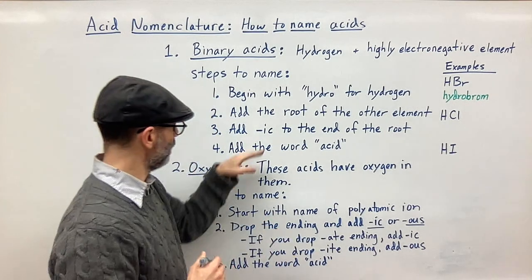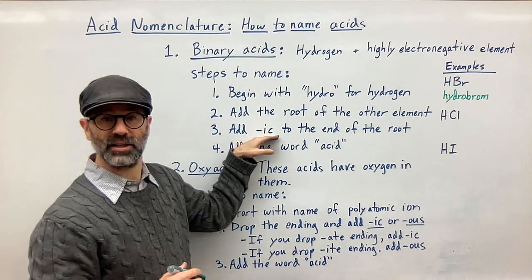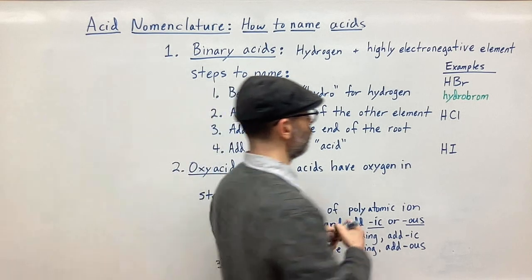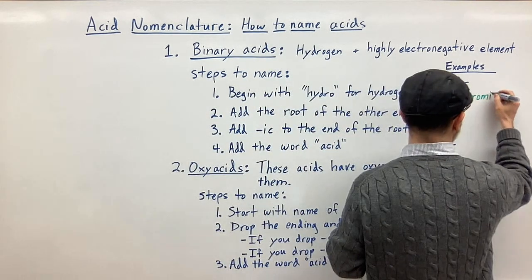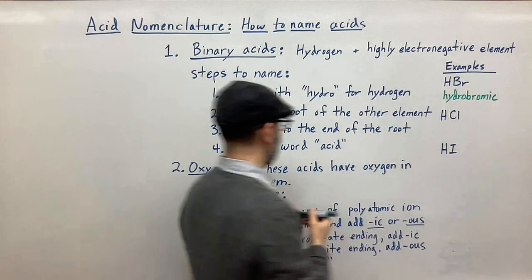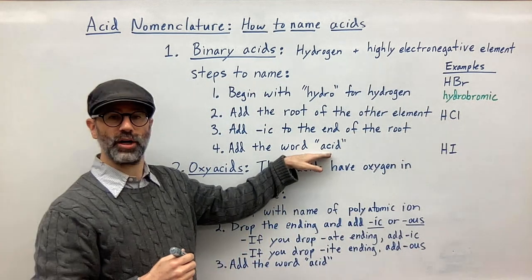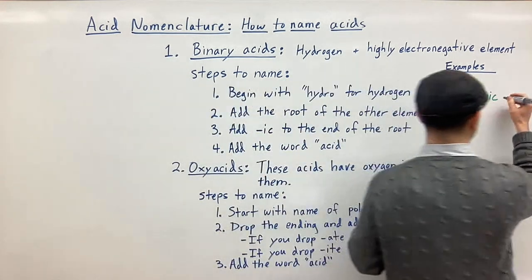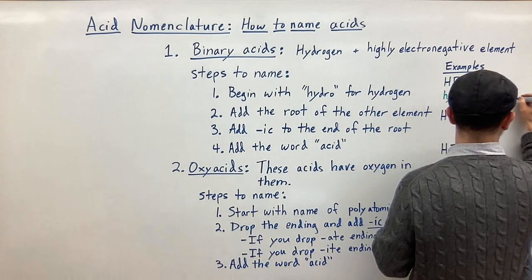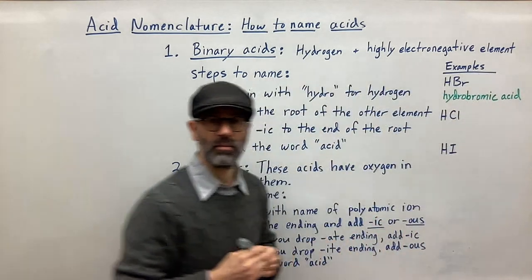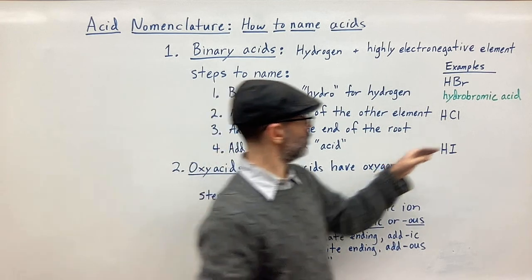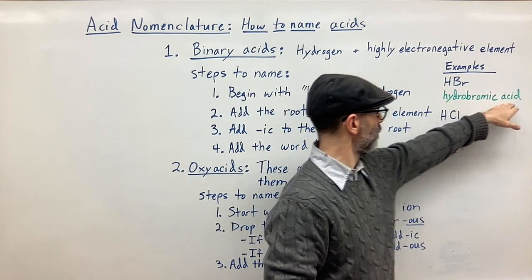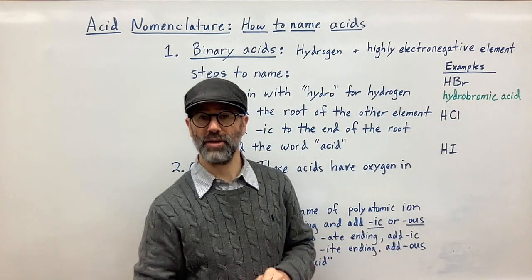Then we add the IC ending to the end of brom, so it becomes bromic. And then finally, we add the word acid. So two words: hydrobromic acid. So HBr is hydrobromic acid.